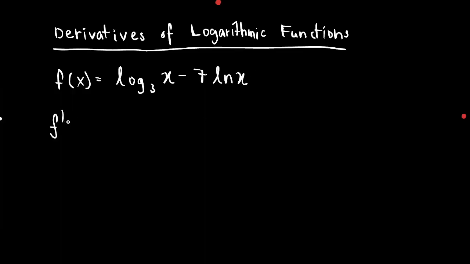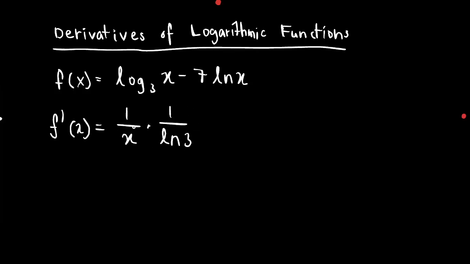Well, if you can remember our f prime of x, our derivative here, if we're using the logarithm rules that we just learned, first we'll start with the log base 3 term, and then we can go on to the ln term. So remember, this is going to be 1 over x times 1 over ln of our base, which is 3.